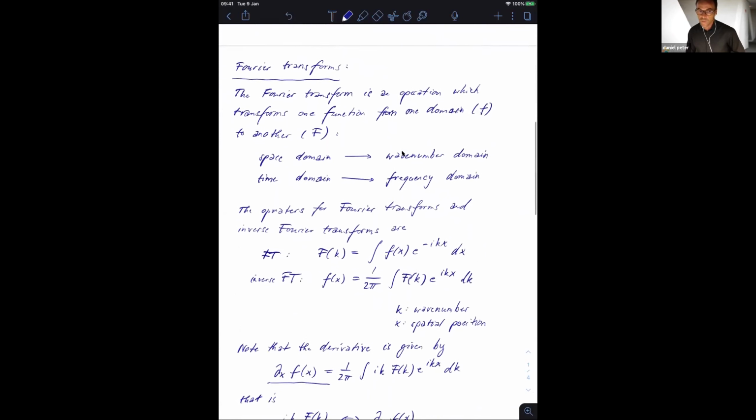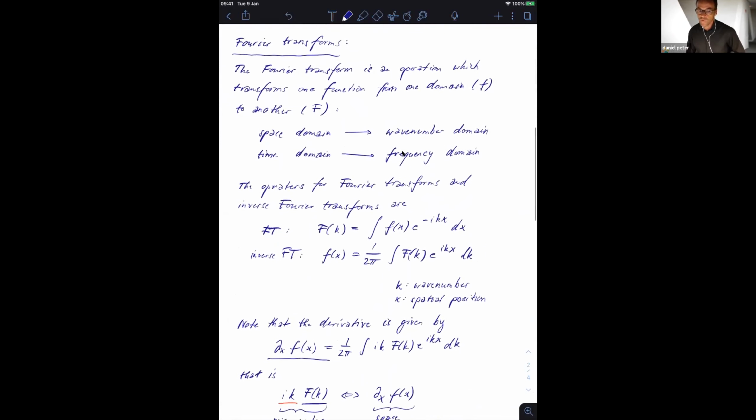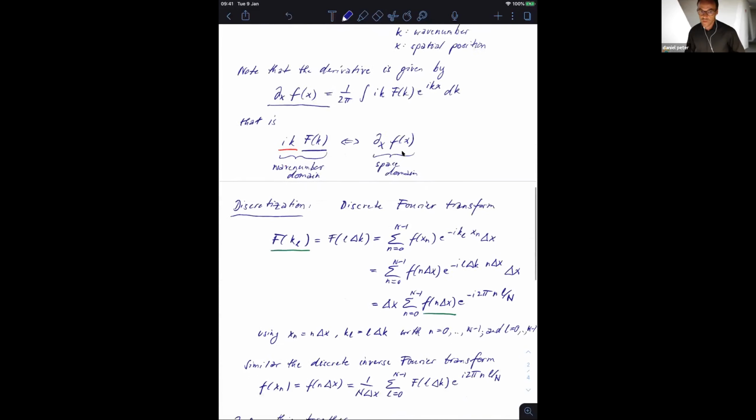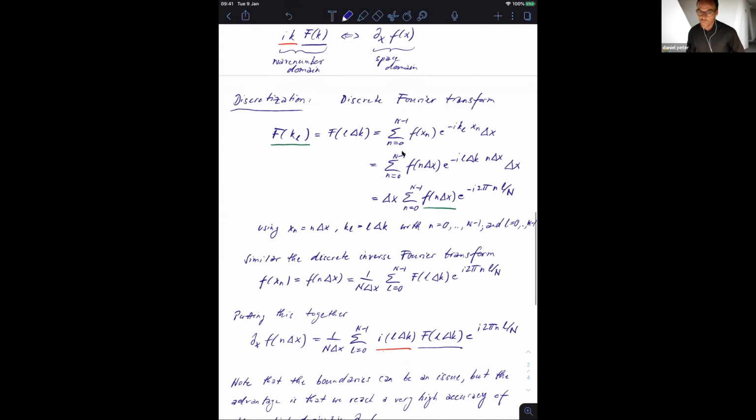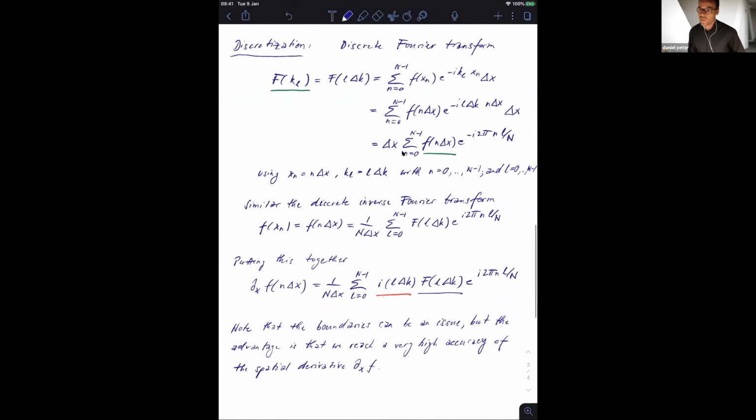And one way to achieve that is by using the Fourier transform, which considers the information from all grid points in order to achieve the highest possible accuracy. Because the derivative in the wave number domain is mathematically exact. But then the approximation comes in with the discrete Fourier transform. Once we discretize, we have the discrete Fourier transform, and that's the numerical error that we introduce into the derivatives.